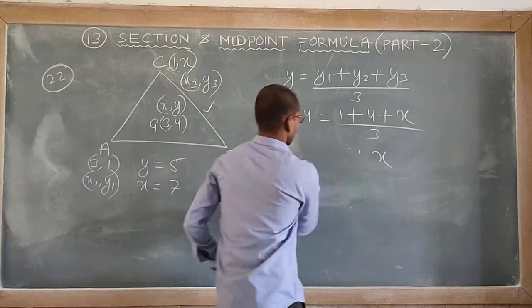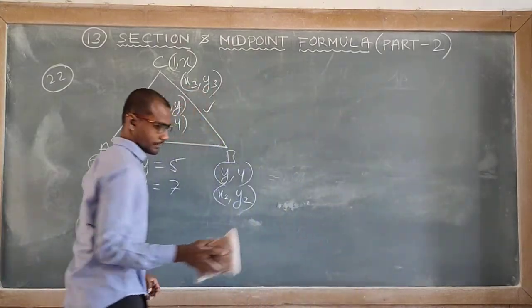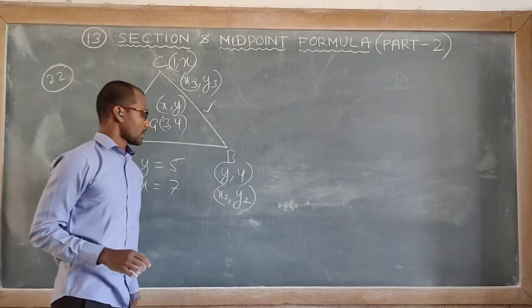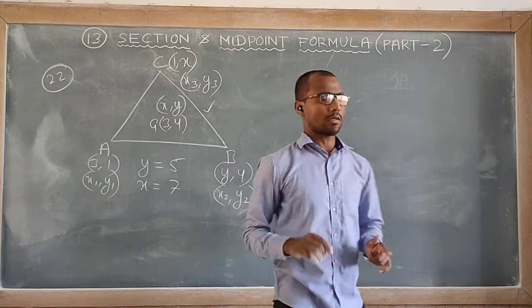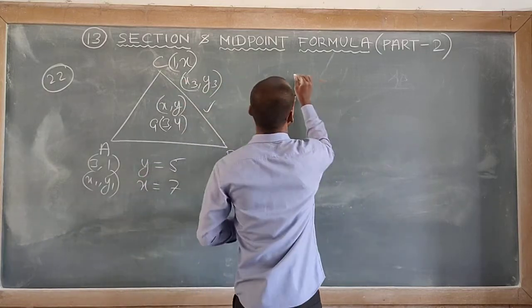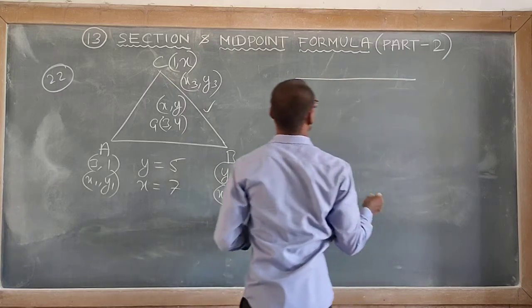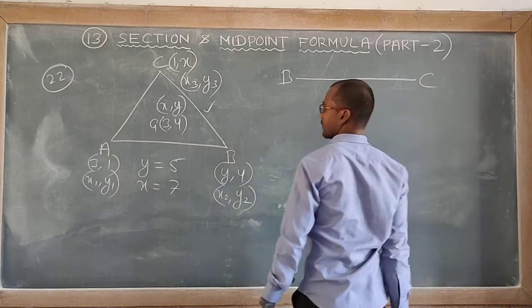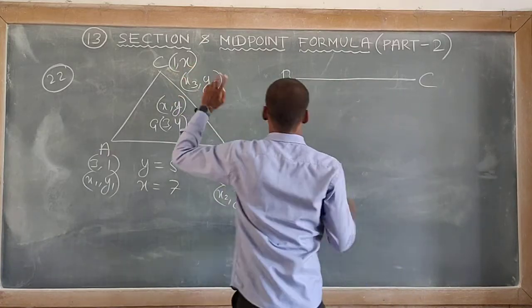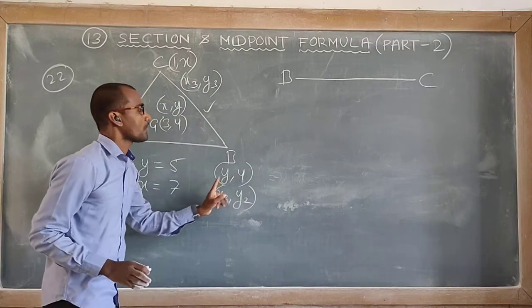Okay. So already we have got x and y. Now our target is to find the length of BC. Actually we don't need to draw, but I am just drawing to make you understand. BC. What is B? Oh, sorry. B is y comma 4.